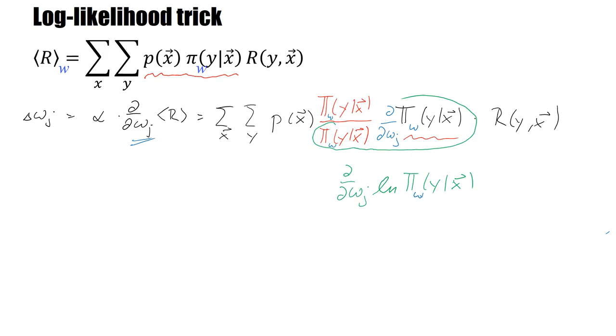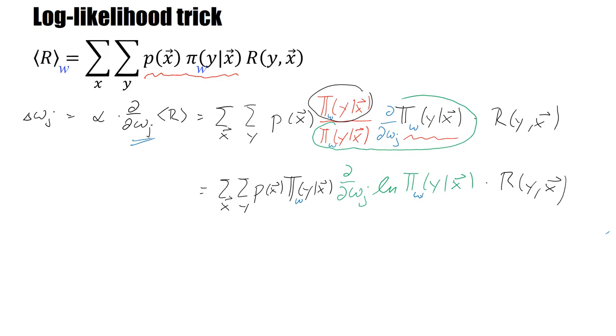And then I can copy the rest: sum over x, sum over y, p of x, and then from the red term up here, I have the policy y given x, which depends on the weights w, and at the end I still have my r of y and x.